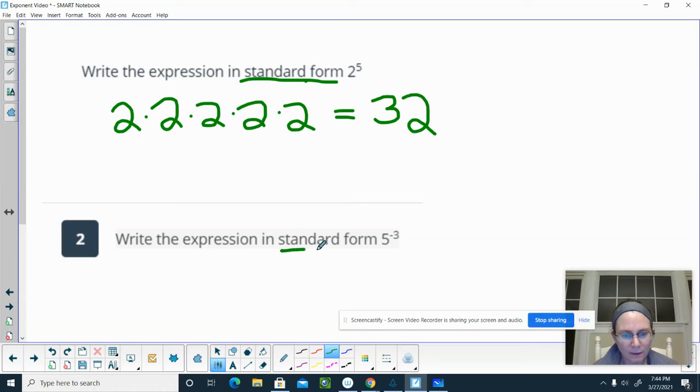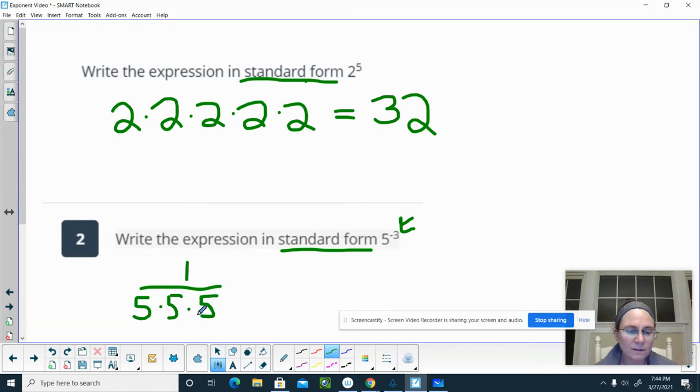Okay. Write this in standard form. So again, that's the answer. So because it has a negative exponent, that tells me that the standard form is going to have a 1 in the numerator. And the denominator is going to be the base number, 5, times itself 3 times.